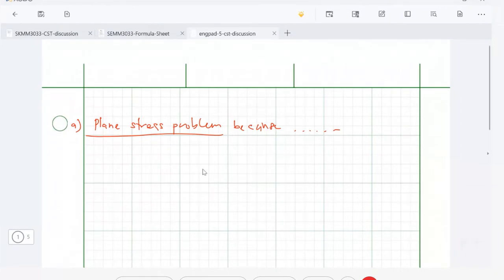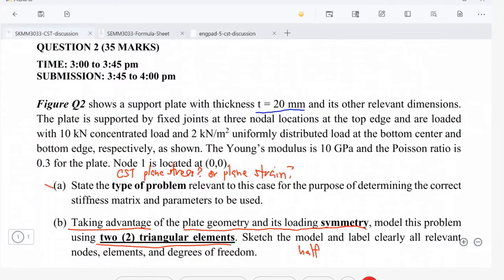Right, so the next question is this one. Part B, taking advantage of the geometry and its loading symmetry, model this problem using two triangular elements.